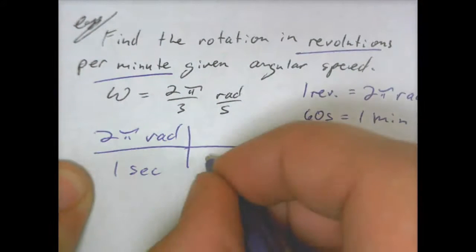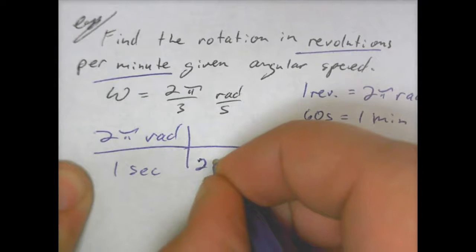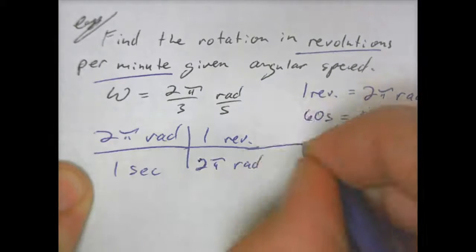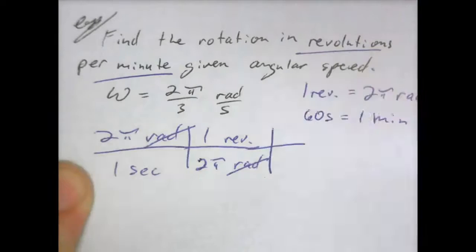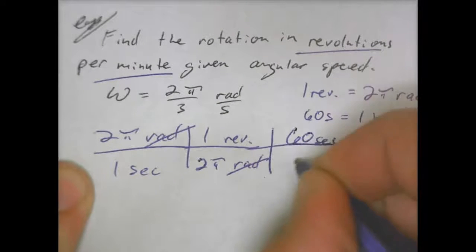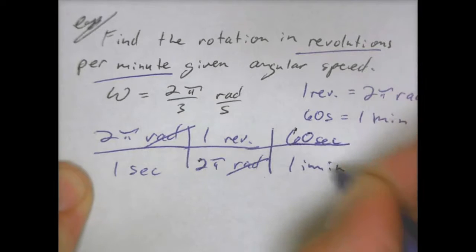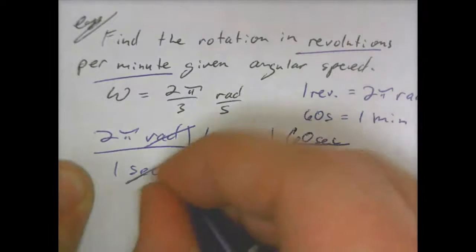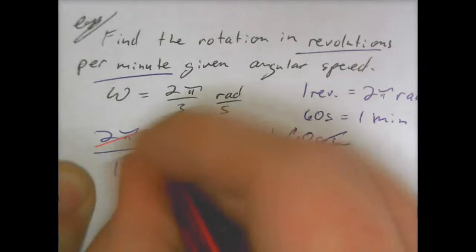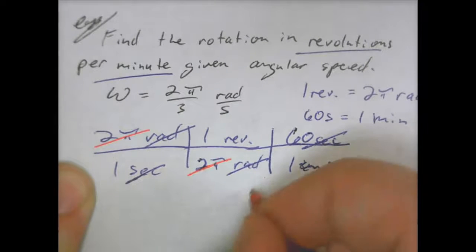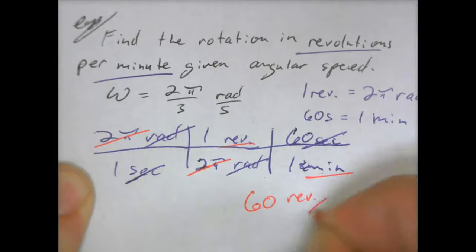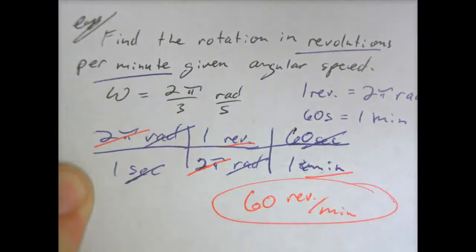Again, there are 2 pi radians in 1 revolution, and notice that will get rid of the radians, so then we are in revolutions. And there are 60 seconds in 1 minute, so that gets rid of my seconds unit. Then it's just a matter of simplifying and multiplying. 2 pi divided by 2 pi makes 1, so really I just have 60 revolutions per minute. And that's all we need to do in that one.